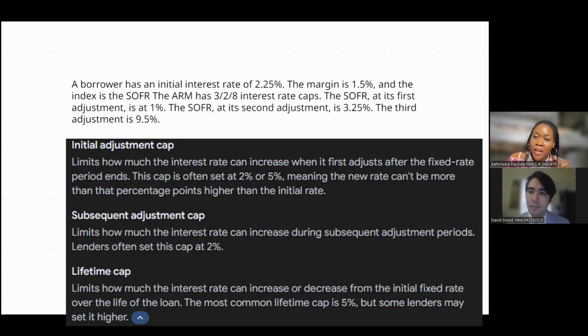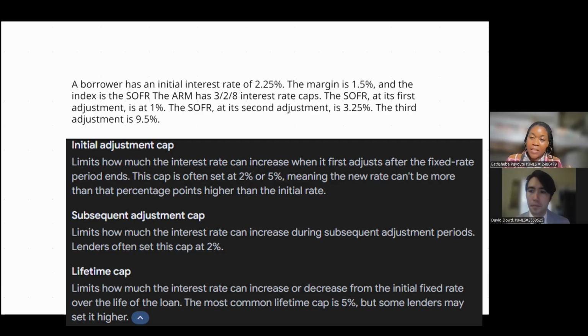And that's 3, 2, 8 as percents: 3%, 2%, 8%. The first 3 represents the amount the interest rate can increase or decrease in the first adjustment. So on the first adjustment, it can either go up 3 or down 3. The second number, in this case 2, is known as the subsequent adjustment.